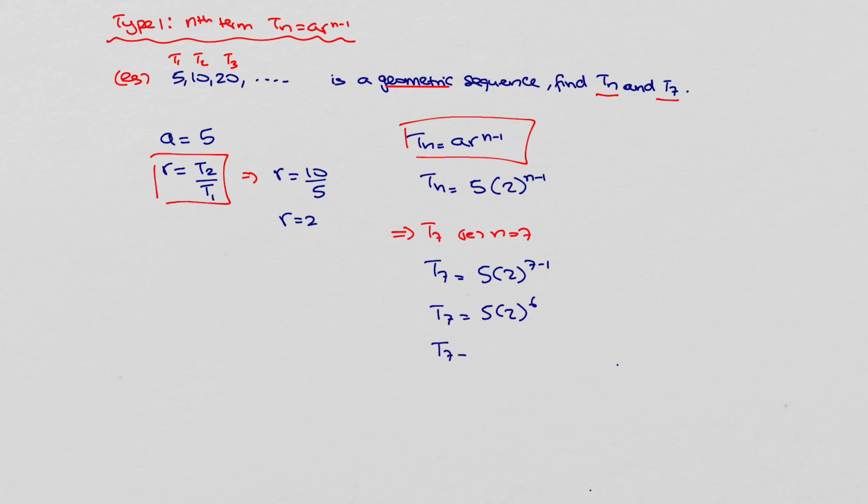You can put that all into your calculator, but just be careful when putting 2 to the power of 6 into your calculator. 2 to the power of 6 is 64, and if we multiply that by 5, we get 320. So the 7th term is 320. Because they only asked for the 7th term, you could have, of course, just kept multiplying by 2 until you got to the 7th term.